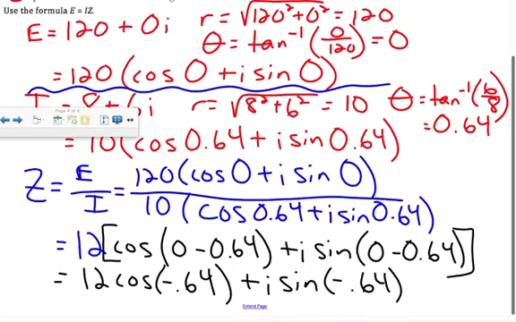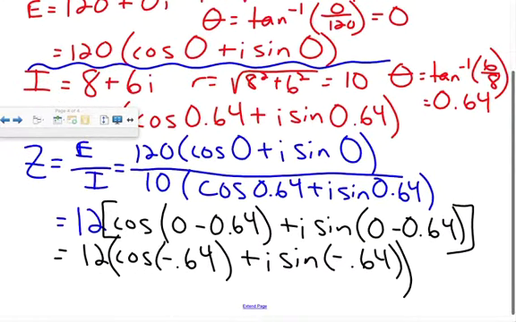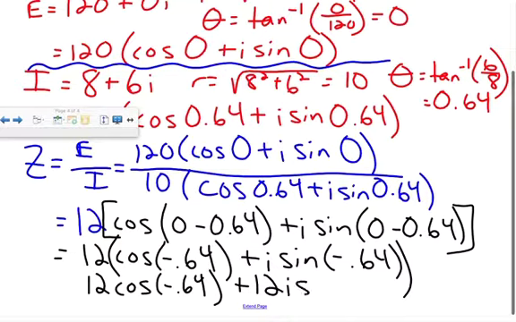And then finally, whoops, I need a parentheses here. In order to write this in rectangular form, since that's the form in which our problem was given to us, all I need to do now is distribute and evaluate. So I have 12 times the cosine of negative 0.64 plus 12I times the sine of negative 0.64.